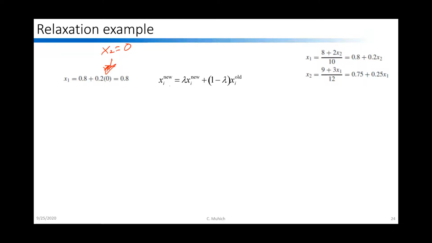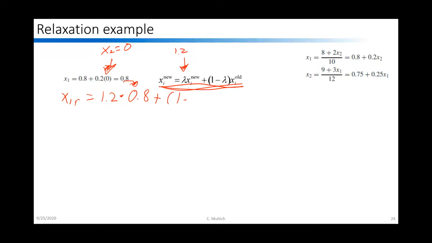Now, what we want to do is use this relaxation to help accelerate our prediction. So we can go in and say x1, and I'm going to say r for relaxed, is going to be lambda, which was 1.2. So I'll just write that in there so we don't forget. 1.2 times our new x1. So this is 0.8, right? So this is just going to come in there.